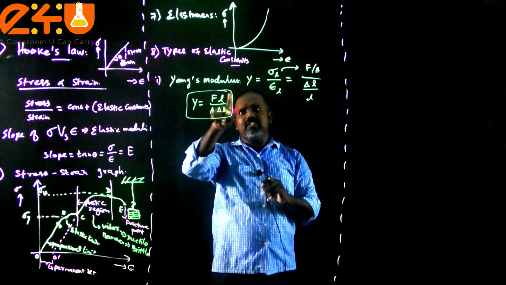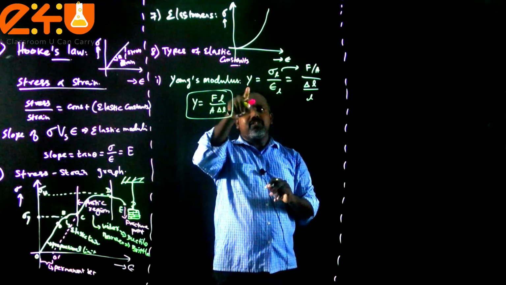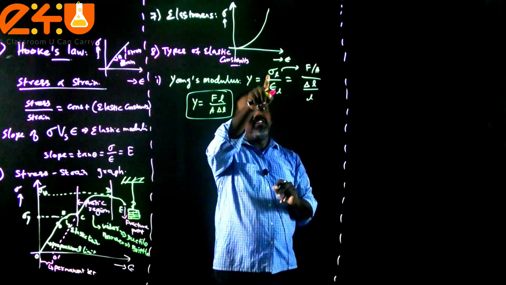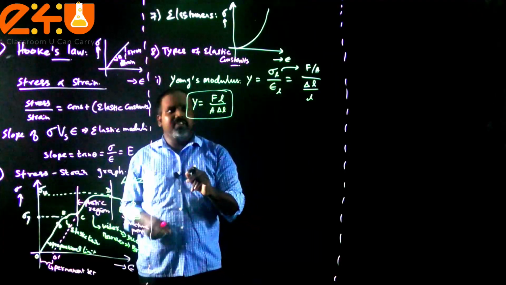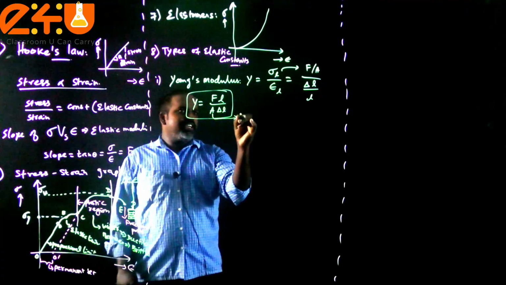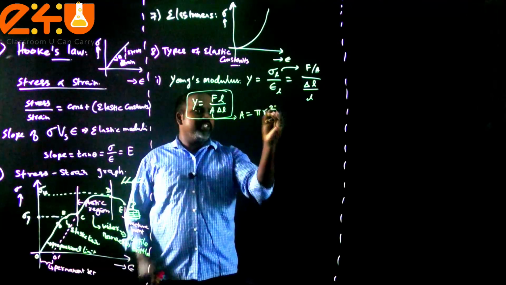Therefore, the unit of all elastic moduli is the same as the stress unit. In the case of a wire, the area is A equal to pi r square.